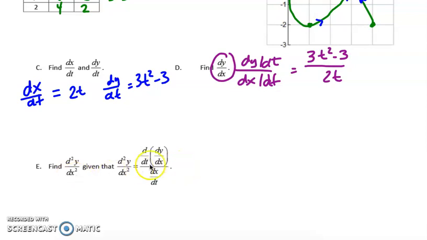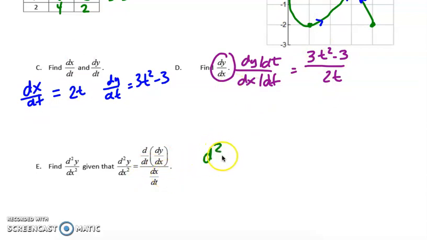So to get the second derivative, I will need a funky little situation here where I take the derivative of dy dx, and I'll do that using the quotient rule because I have a quotient. Then I'm going to divide by dx dt. So let's go ahead and do that.